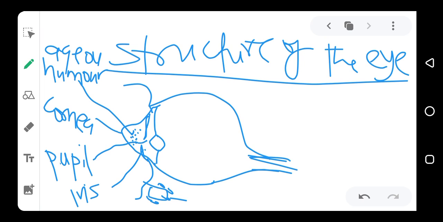Because if you allow too much light to enter the eye, it will damage the eye. So the iris controls the pupil. It determines whether the pupil will be big or whether the pupil will be small.